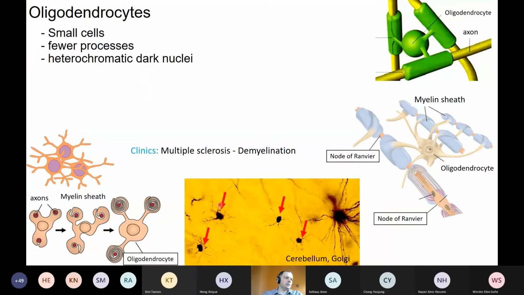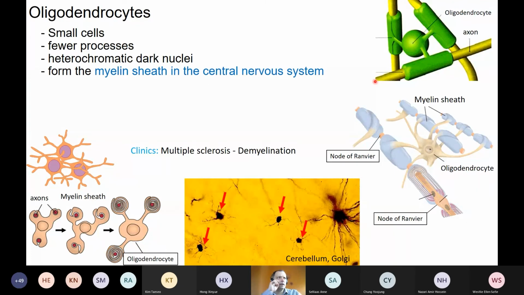Now, the processes will be the most important ones, because they approach and surround the nerve fibers, the axons running in the neighborhood, and they have a very similar function to the cells in the periphery which form the myelin sheath. So they have, in function, similarities with the Schwann cells, but they are now in the central nervous system, and therefore they are the myelinating cells inside the brain and inside the spinal cord.